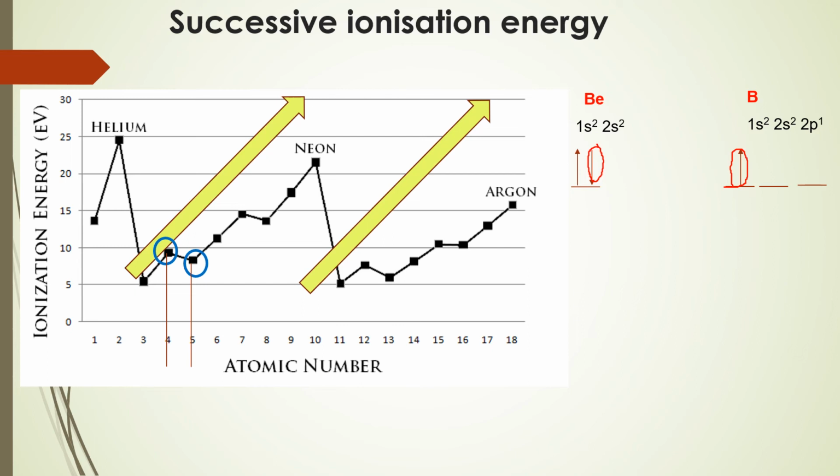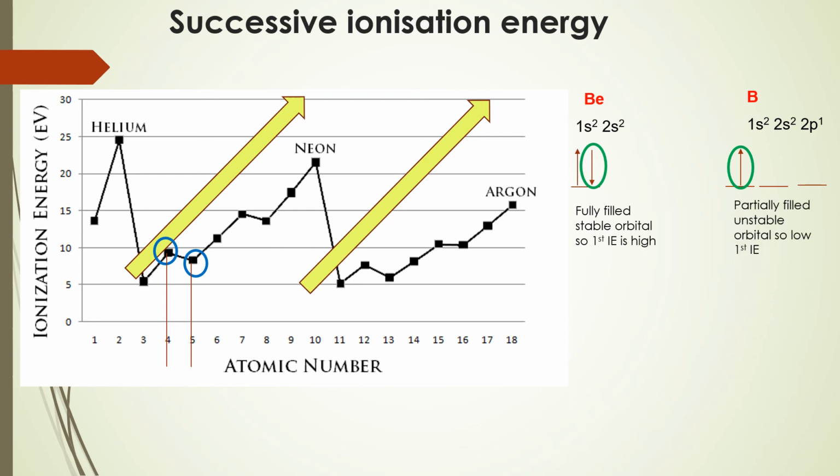The energy required to remove the second last electron will be known as the second ionization energy. Now look at the orbital stability of both these atoms. For beryllium, this electron is coming from a fully filled stable orbital, which is why the first ionization energy will be higher.